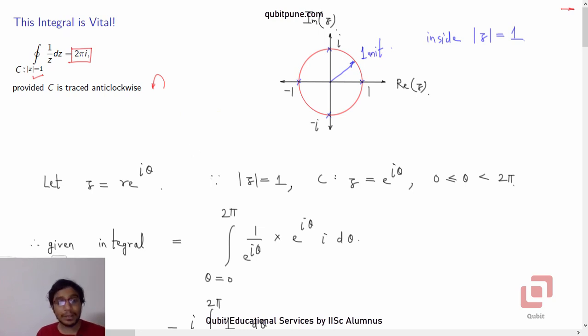Meaning we will now bring in the parametric equations of this circle, and we already know how to parameterize a circle. x is cos theta and y is sin theta, one of the standard parameterizations. Now let us also use the exponential representation of the complex number z, which is r e to the power I theta.